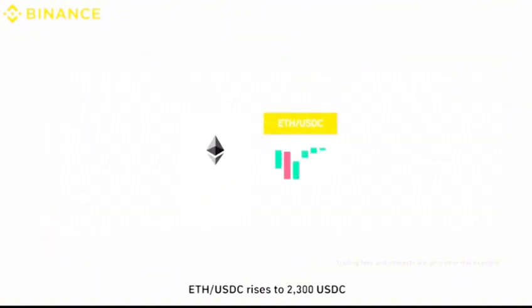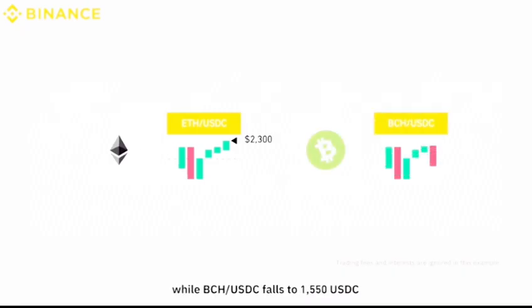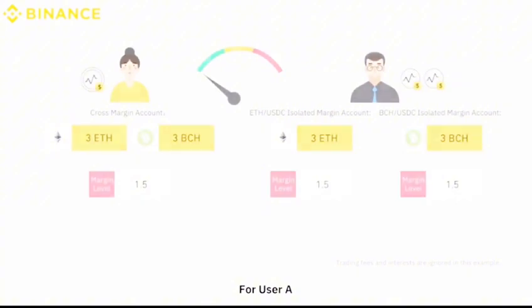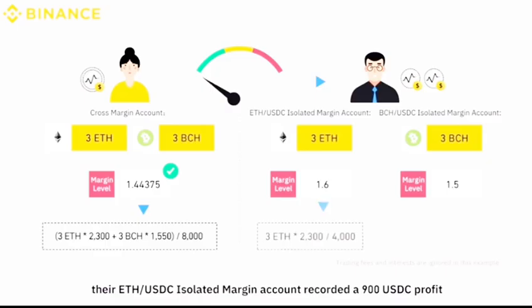On day 2, ETH USDC rises to 2,300 USDC, while BCH USDC falls to 1,550 USDC. For User A, their cross-margin account remains normal. For User B, their ETH USDC isolated margin account recorded a 900 USDC profit.